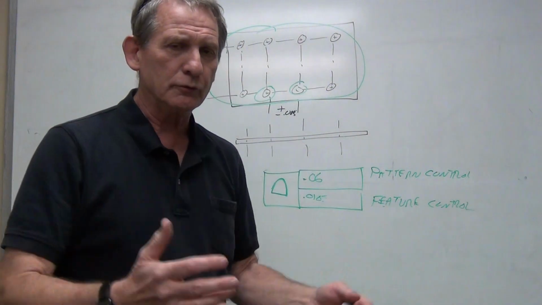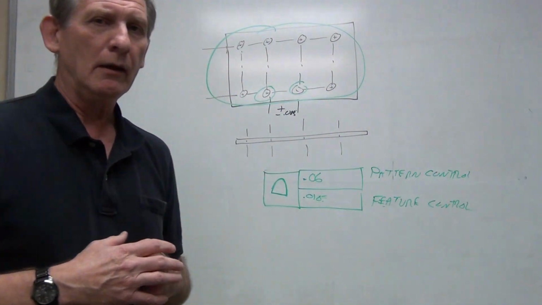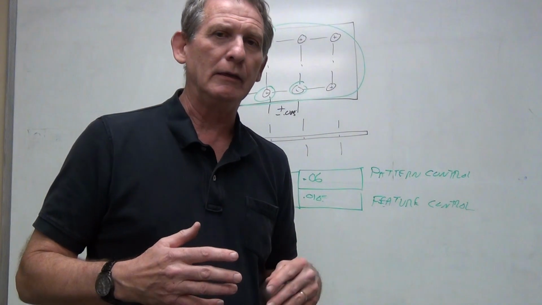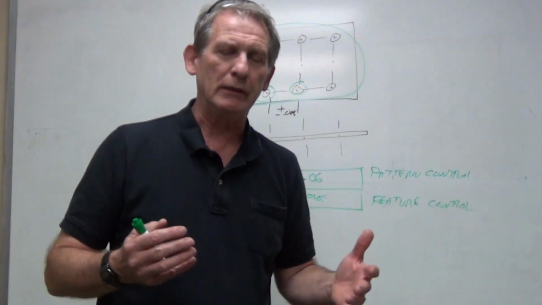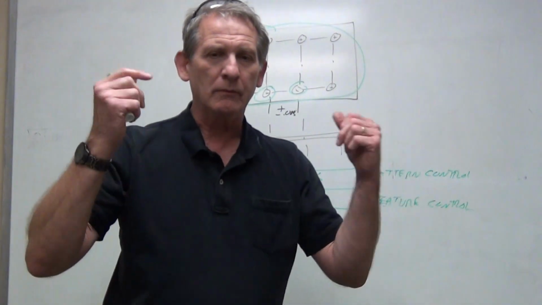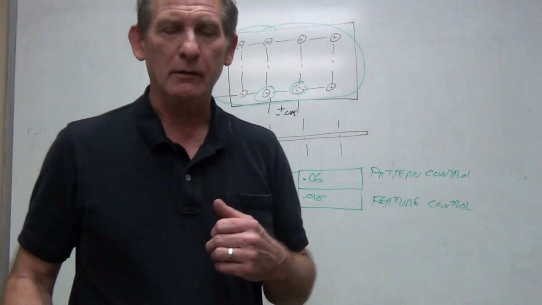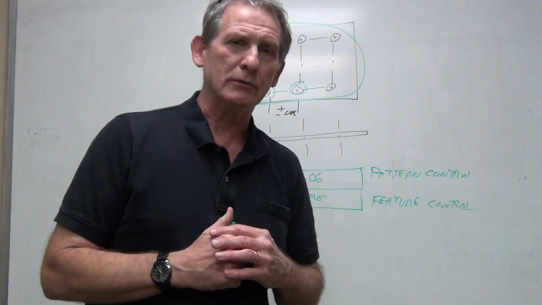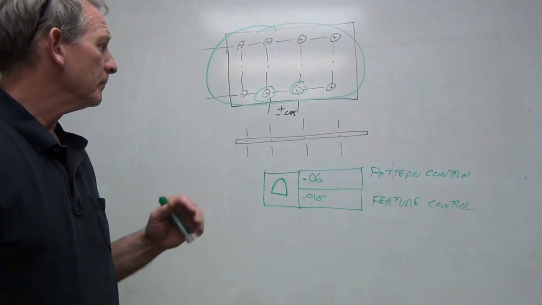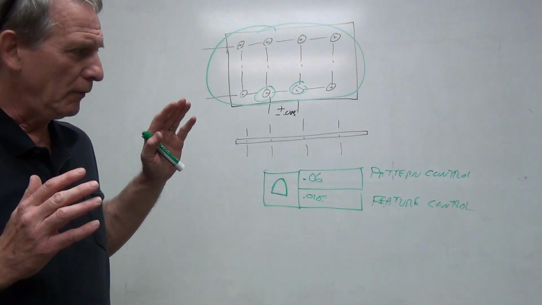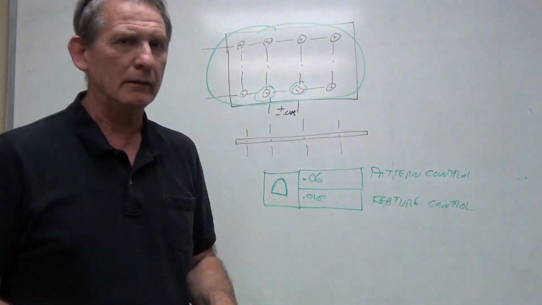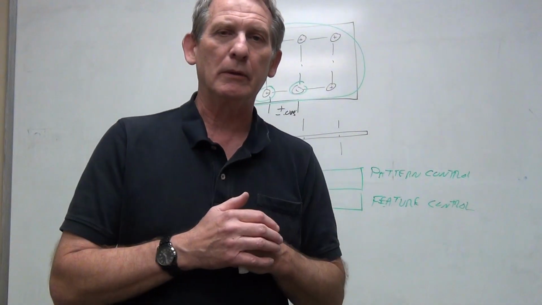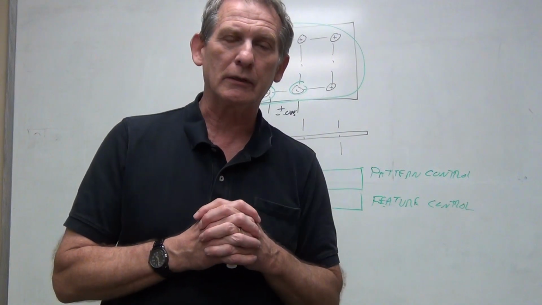All those features are produced at once. If you've ever seen the way an engine block is made, there's a single machine that comes in and drills all the bolt holes for the head, let's say, in an engine block. So the feature-to-feature control is tight, and the pattern then can be a little bit looser, or quite a bit looser in this case.